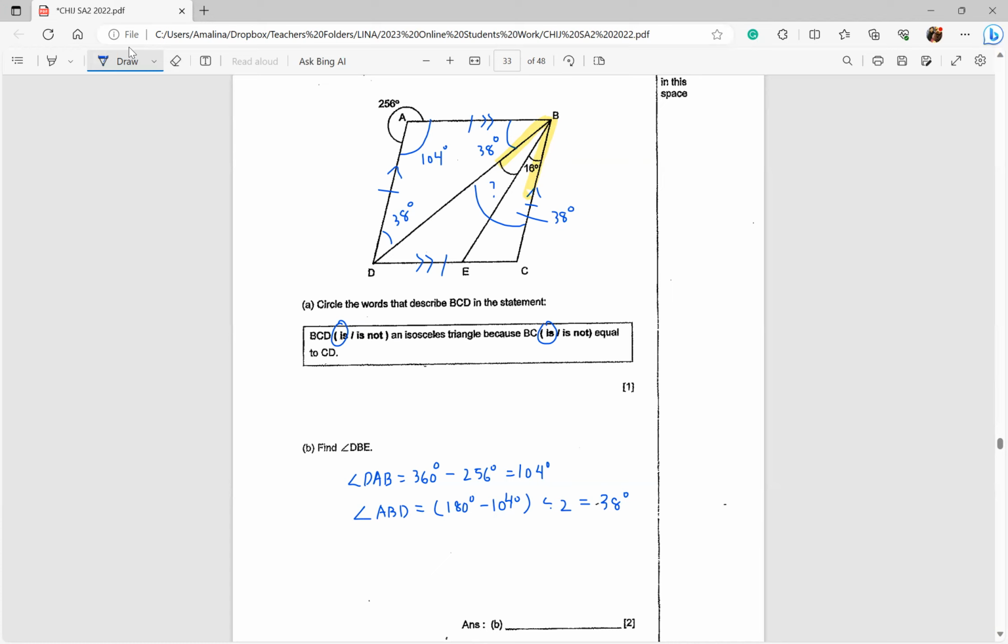So angle DBC is also 38 degrees. So now I can find my answer, angle DBE. I will take my 38 minus of my 16 degrees. So this will give us the answer, 22 degrees.